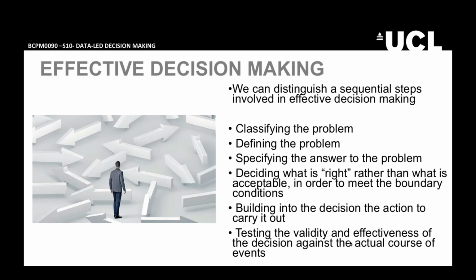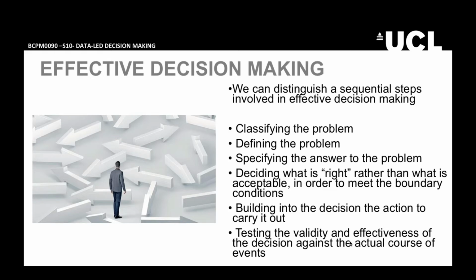Here you can see the different steps of a systematic process in order to make effective decisions. The first one is to classify the problem. Is that problem generic? Is that problem exceptional and unique? Is it the first manifestation of something else?